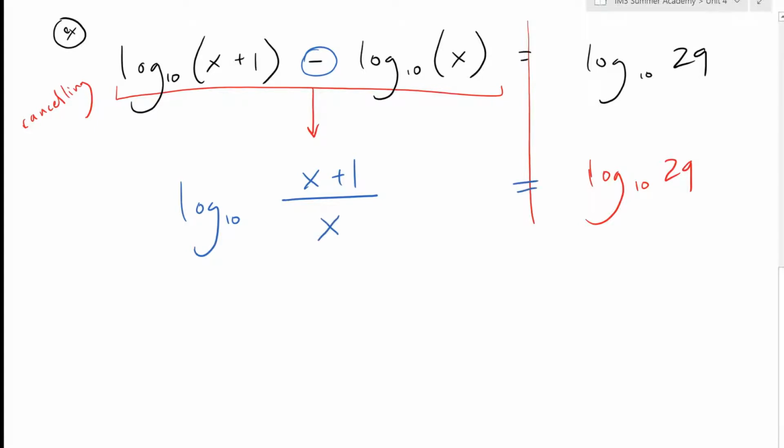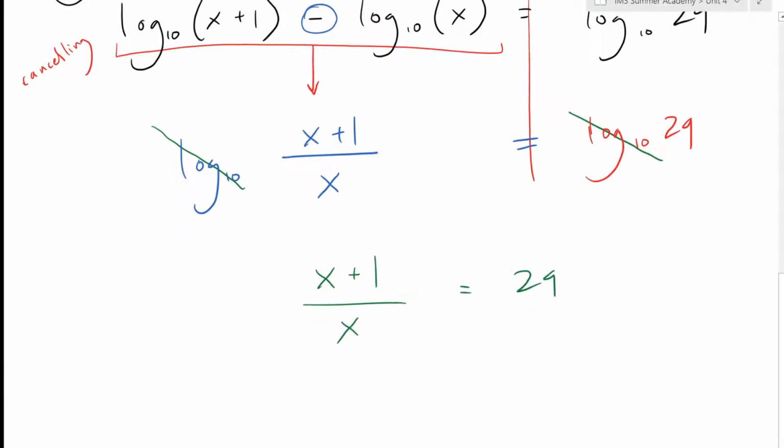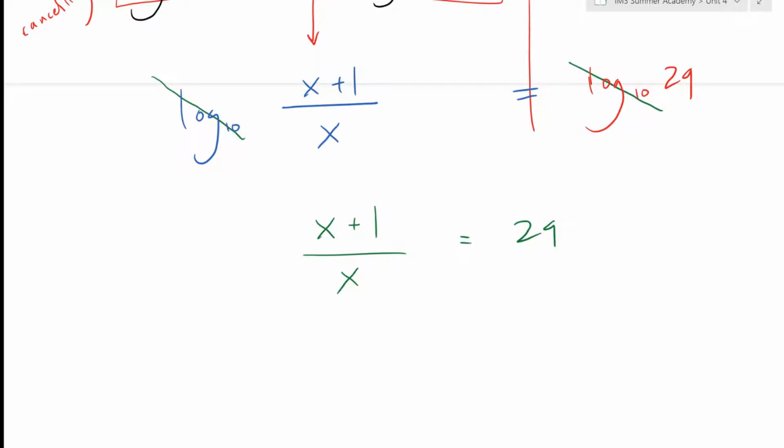And the great thing now is I've got the log 10 on the left, cancels with the log 10 on the right, and we bring everything else down. X plus 1 over x equals 29. And now this is solvable. Whatever method you're going to use, whether it be cross multiplying or multiplying both sides by x, you've got x plus 1 equals 29x if you multiply both sides by x.